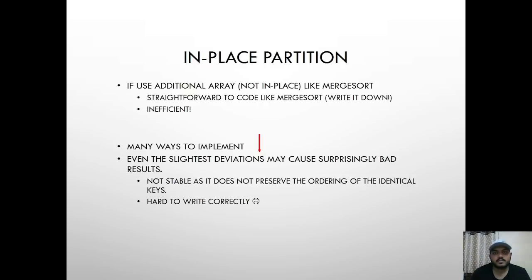For in-place partition, if using an additional array, Quicksort is straightforward code to write down, but inefficient, and there are many ways to implement it. Even a slight deviation may cause surprisingly bad results, and it is not stable as it does not specify the order of identical keys, and it is hard to write correctly.